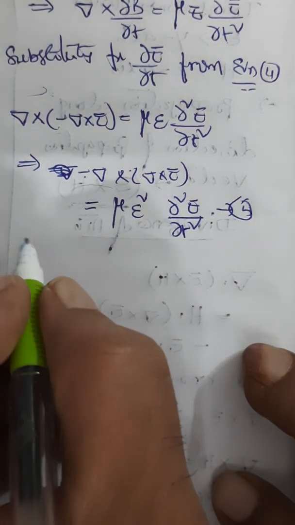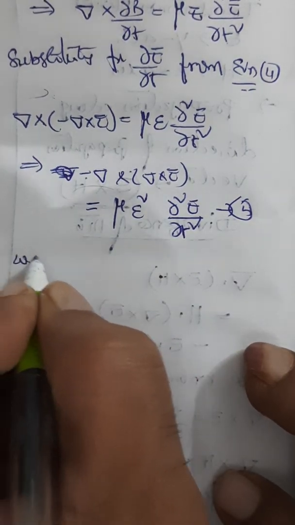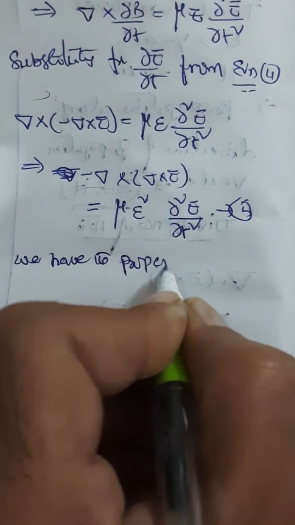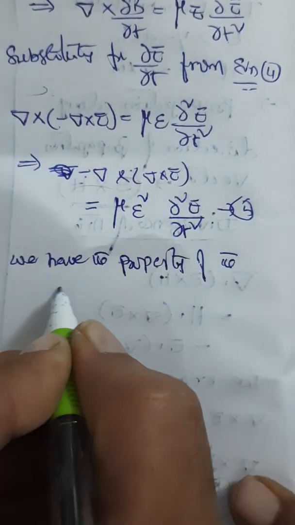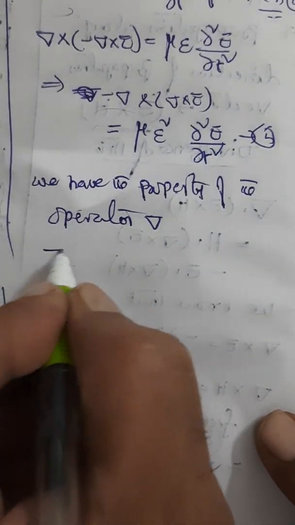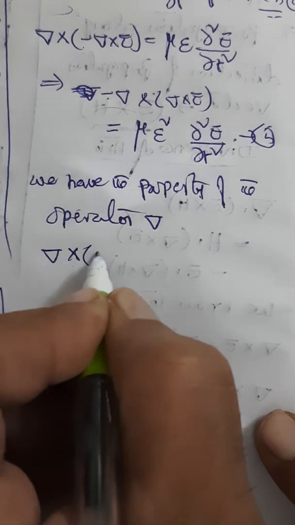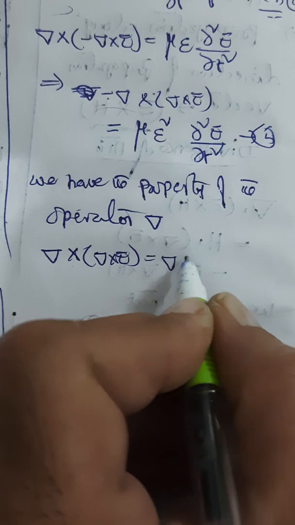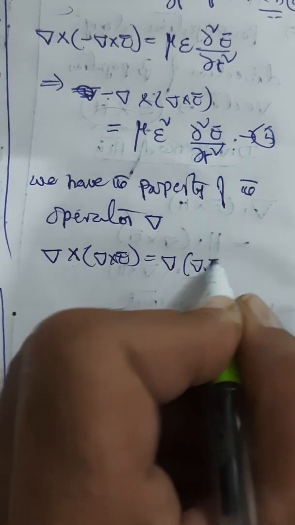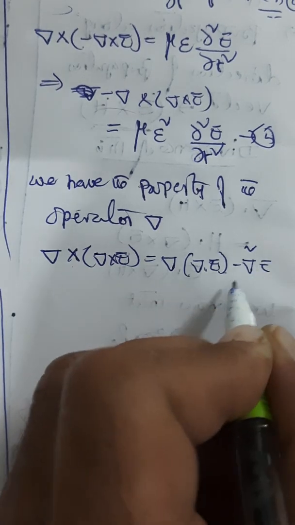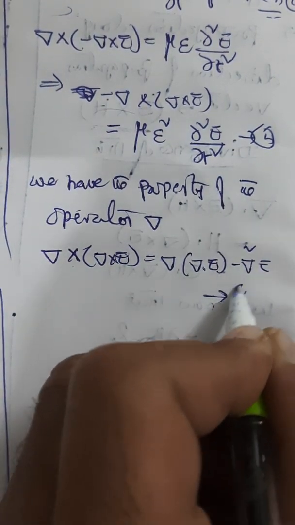Here we have to recollect a property. So what property we have? We have the property of the operator del. What is the property? Del cross E is nothing but del dot E minus del square E. Call it as equation 6.